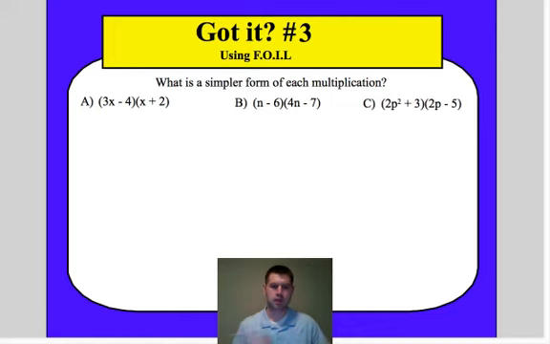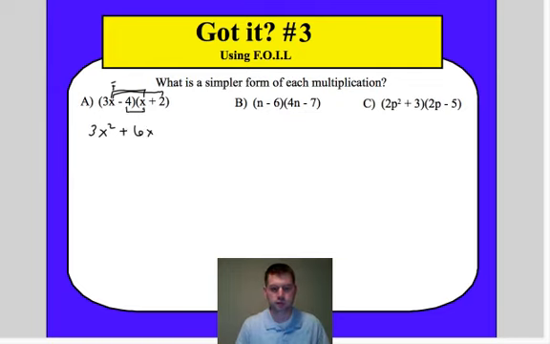So we look at this set here, just to go through one more to give you another look, and then I'll have you do B and C. I'm going to take the 3x and multiply it with the x, that's my F. So 3x times x gives me 3x squared. I'm also going to take the 3x and multiply that with the 2, that's my outside, so 3x times 2 is the plus 6x.